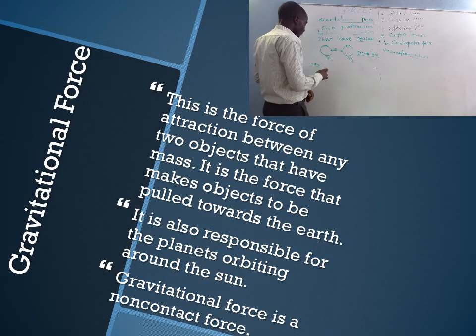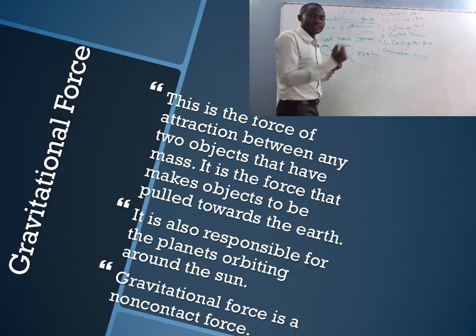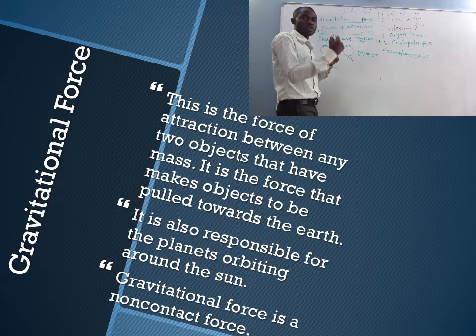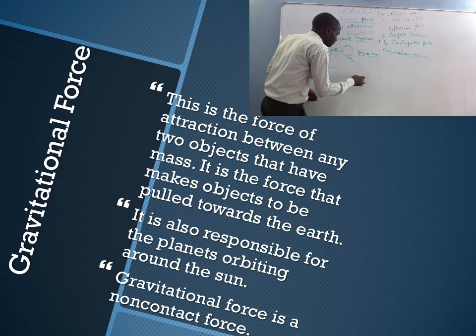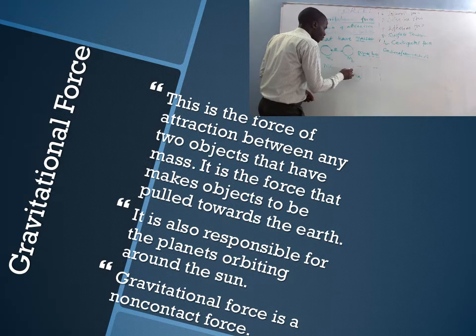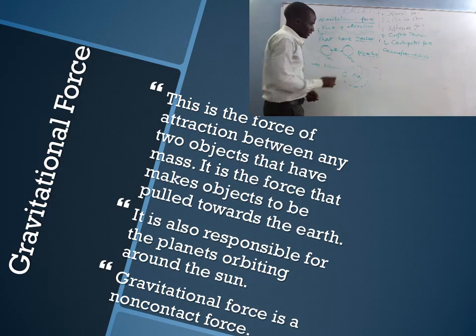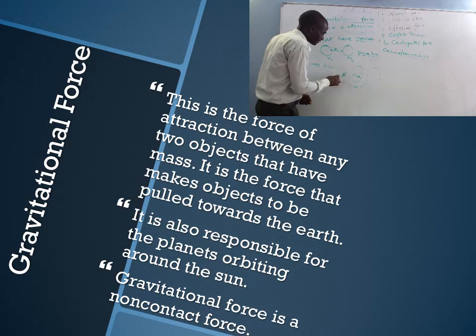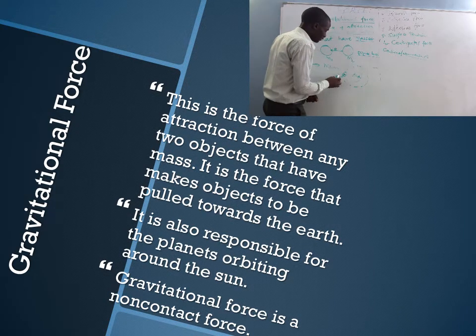Another one is the moon, as an example. The moon experiences a gravitational pull of attraction towards the Earth. As the moon orbits the earth, the moon has got some mass, although very much lower than that of the earth. So the earth also has got a mass.